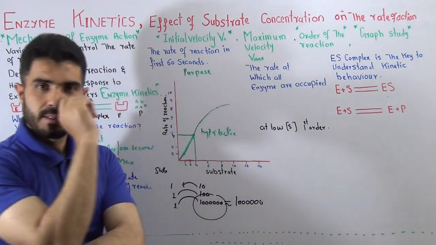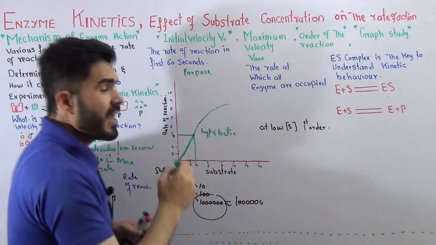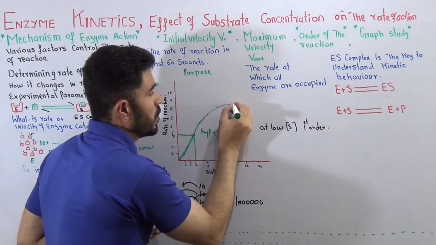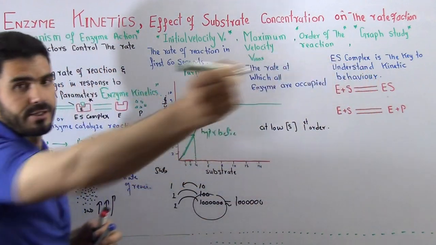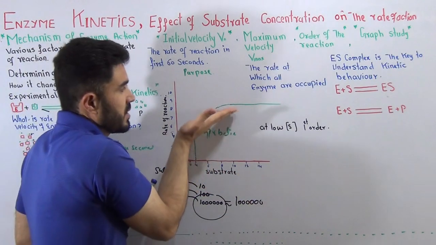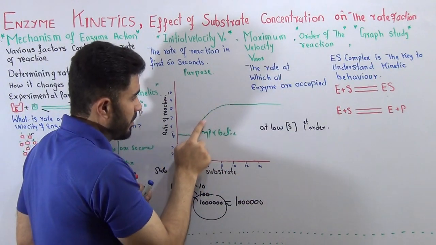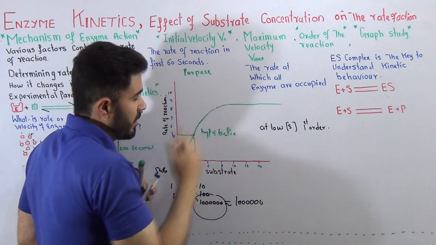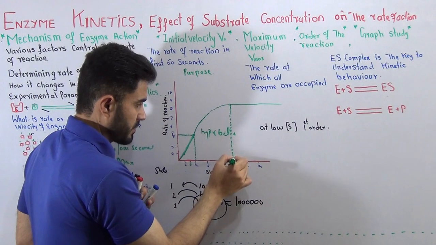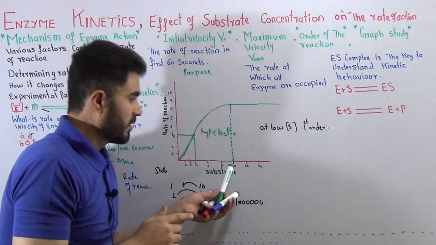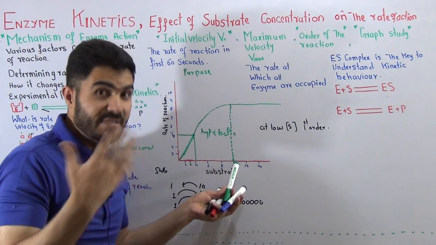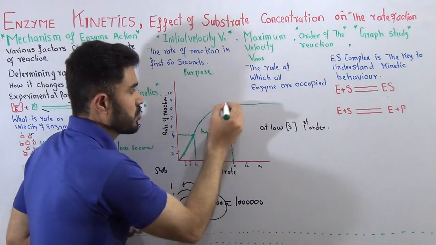Up to this point, the reaction is increasing, and then another stage will come where the line becomes almost straight, meaning parallel with the x-axis. It is not going up. This line was going up, but from this region, if I bring it down, at the substrate concentration of 10, we reach the maximum height.